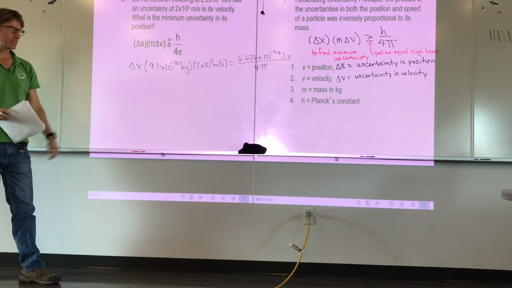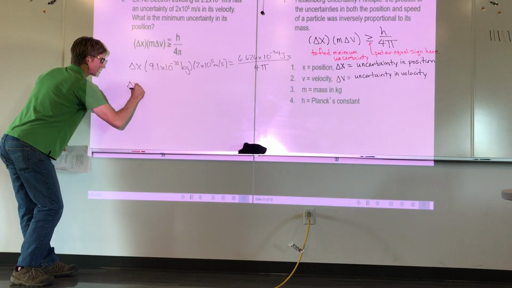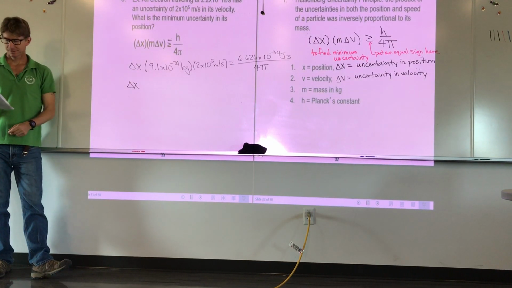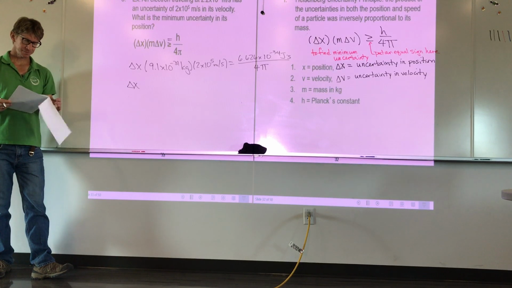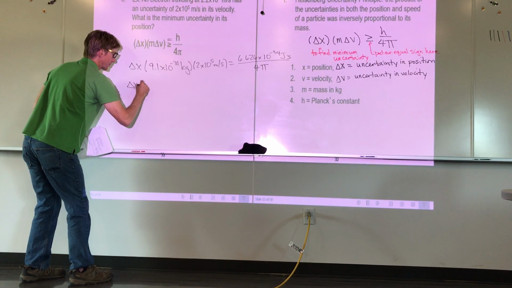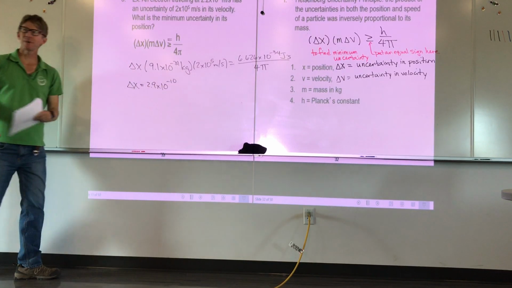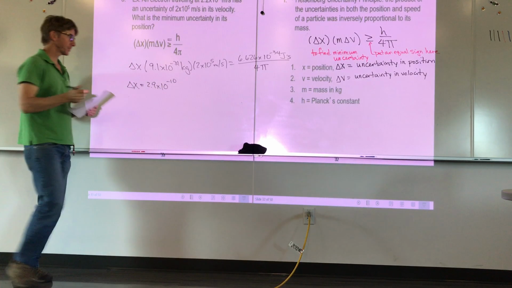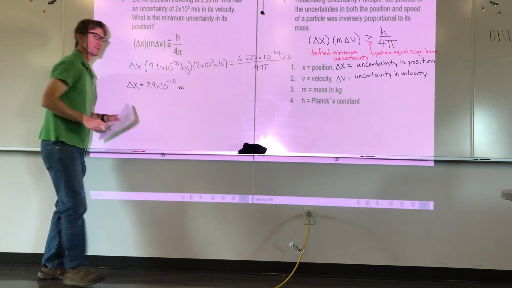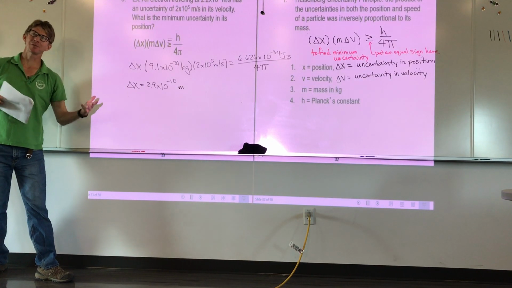Plug all the numbers in, rearrange, get these two numbers over to the other side, delta x is equal to 2.9 times 10 to the minus 10 meters, which is again approximately the size of the atom.